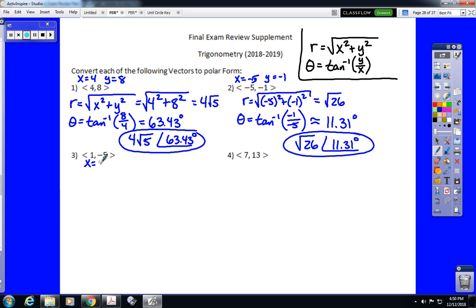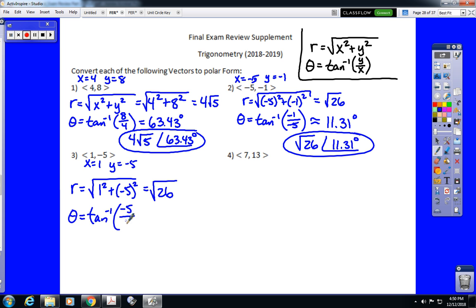So x is 1, y is negative 5. So r is the square root of 1 squared plus negative 5 squared, which is the square root of 26 again. Theta is the inverse tangent of y over x, that's negative 5 over 1, which is going to be a totally different number: negative 78.69 degrees. Now this raises an interesting point because that is not in the first rotation.